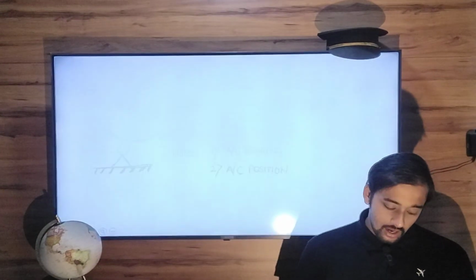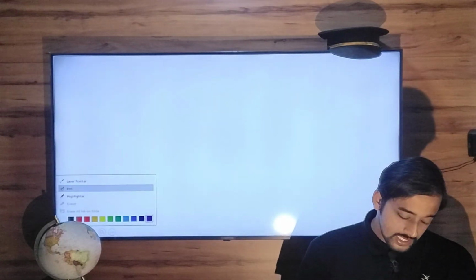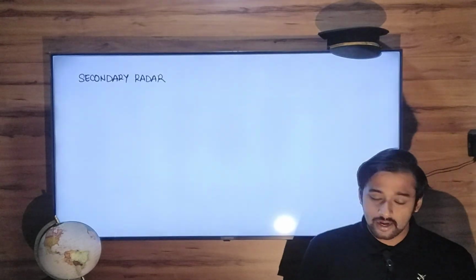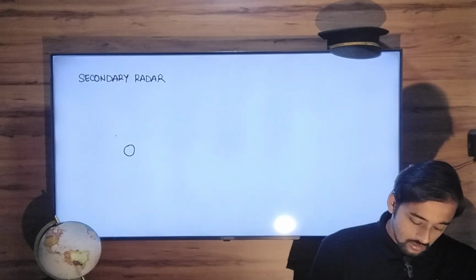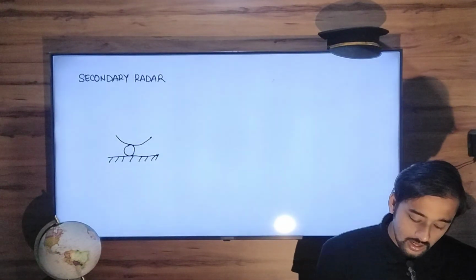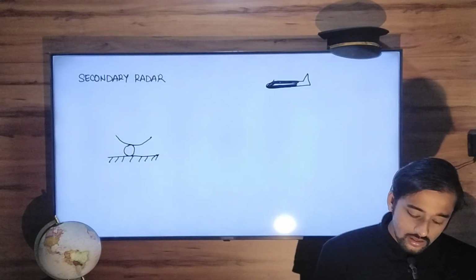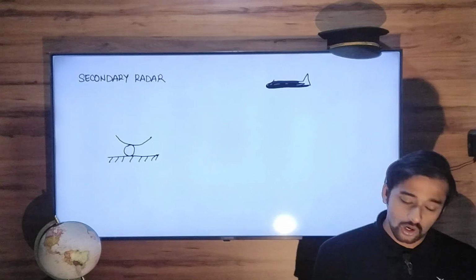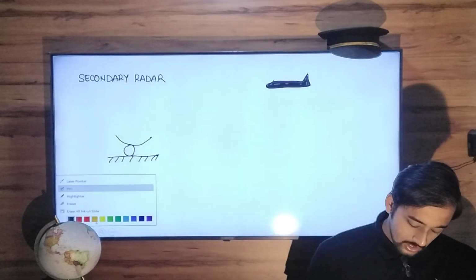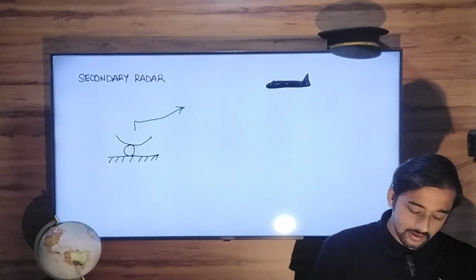Now next, after primary radar, we have something called secondary radar. Secondary radar is more technologically advanced. So this secondary radar is on the ground, and there is an aircraft in the air. The secondary radar will send an interrogation signal to the aircraft in the air.